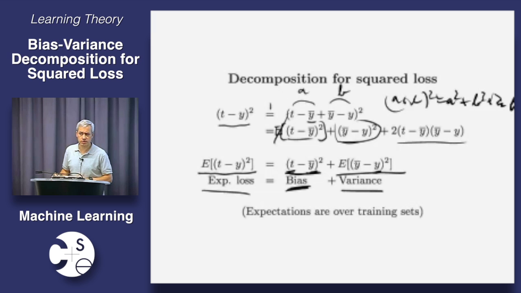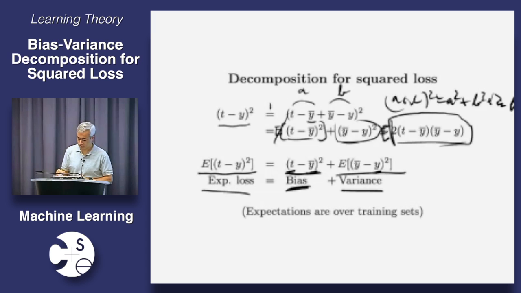Any questions so far? And finally, this whole part goes away. Why does it go away? What happens when I take the expectation of this? Here's a little piece of Stats 101 that is useful here. Remember the linearity of expectation: the expectation of a sum is the sum of the expectations, and the expectation of a constant times a random variable is the constant times the expectation of the random variable.